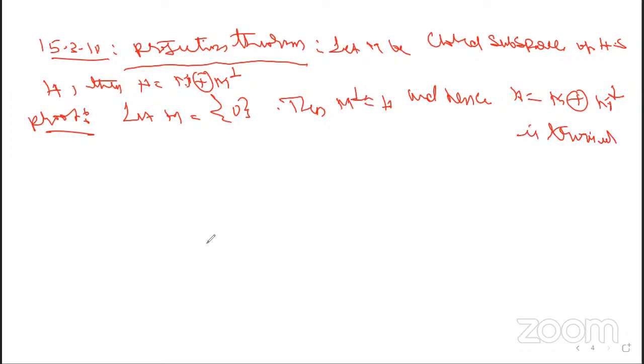Let us now assume that M is not equal to 0. Clearly, that means M intersection M perpendicular equal to 0.